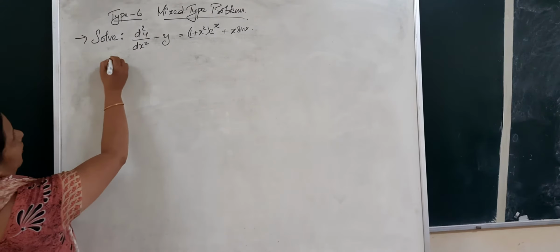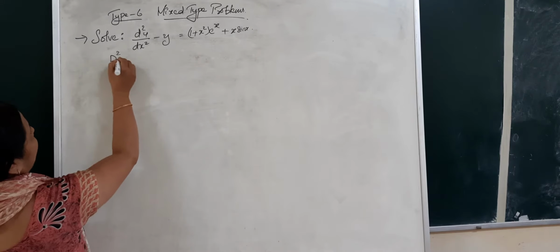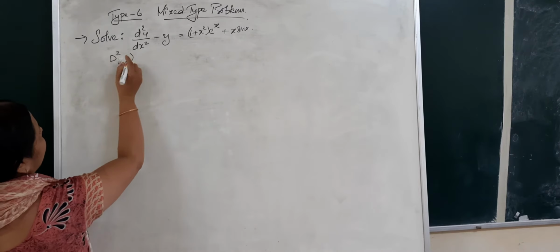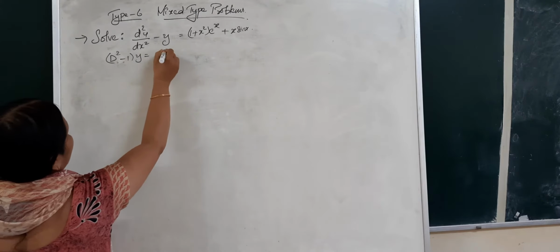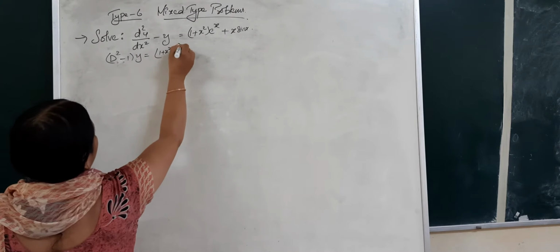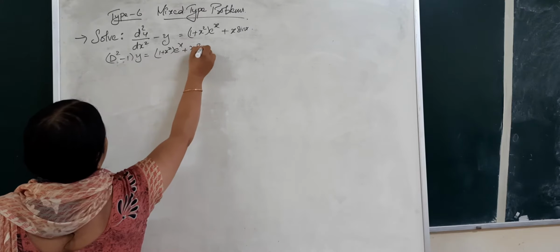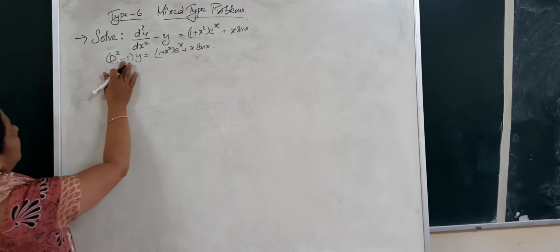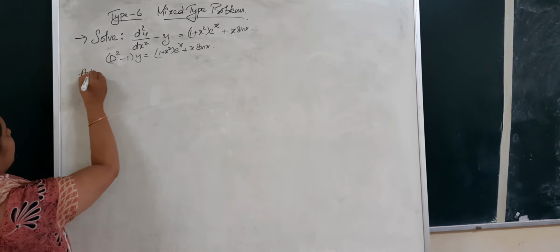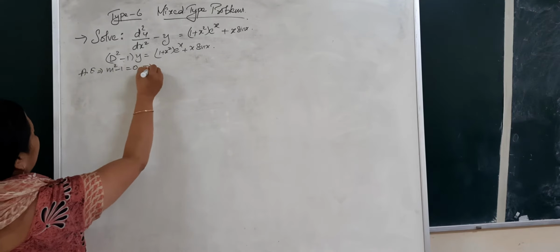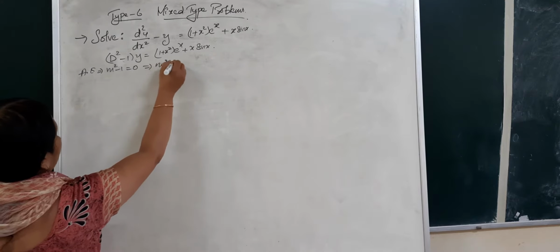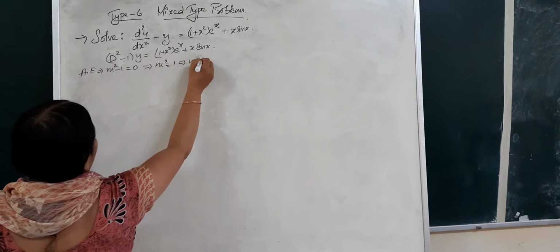The operator form of the given equation is d square minus 1 times y is equal to 1 plus x square e power x plus x sin x. Now the auxiliary equation of this is m square minus 1 equals 0, which says m square is 1 and hence m is plus minus 1.